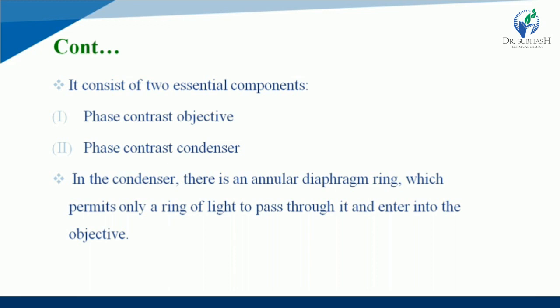In the condenser, there is an annular diaphragm ring which permits only a ring of light to pass through it and enter into the objective.